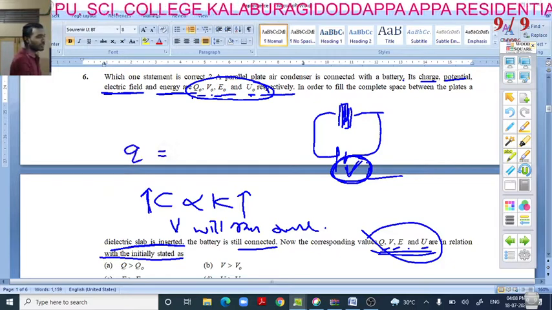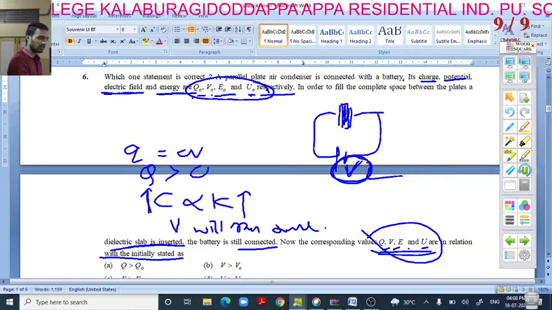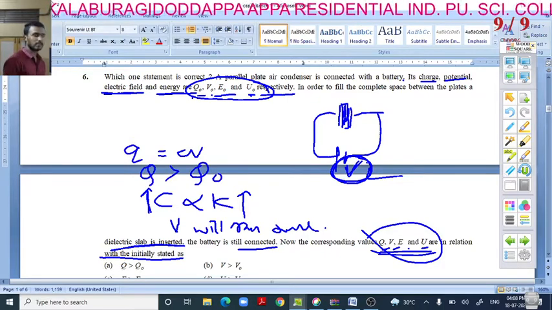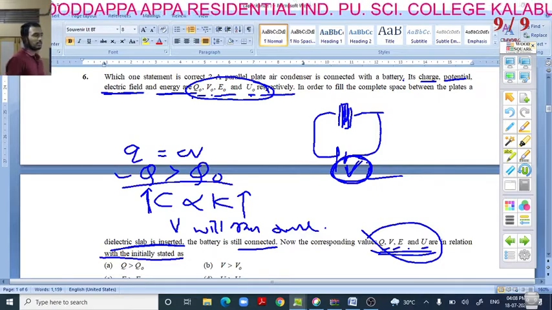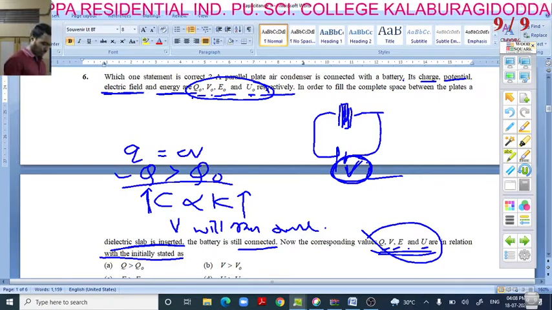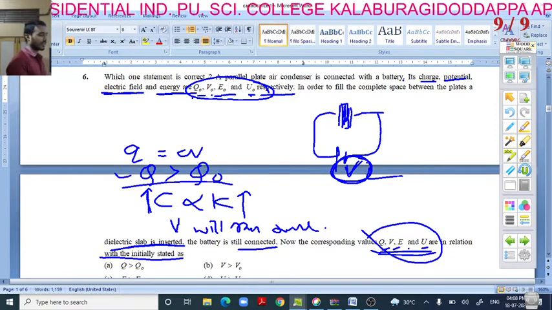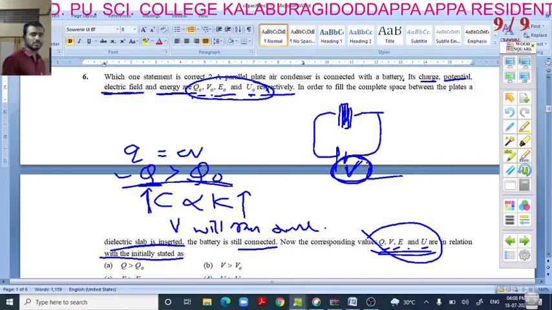By using Q equals CV, Q is greater than Q naught. It means the final charge is greater than the initial charge.